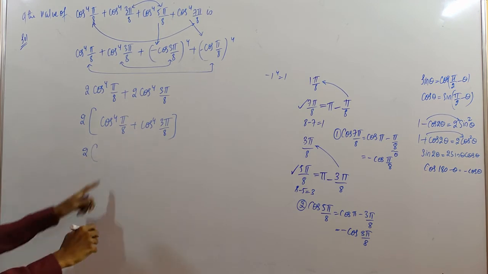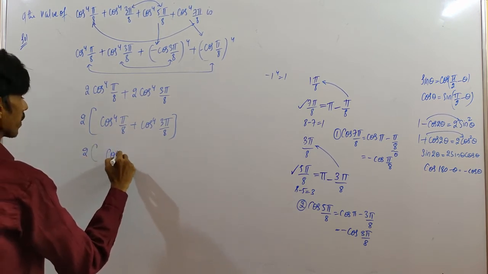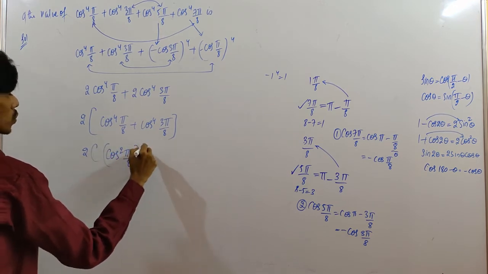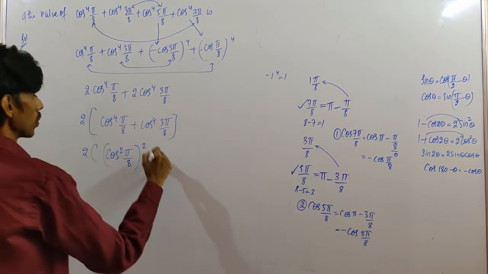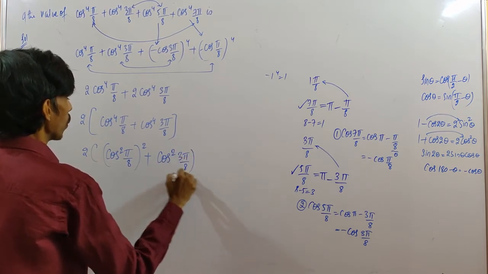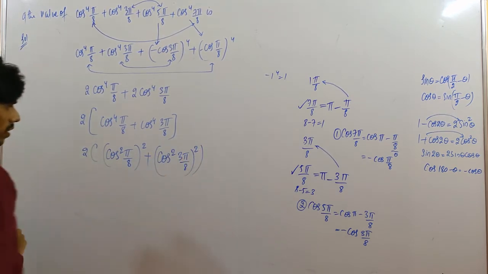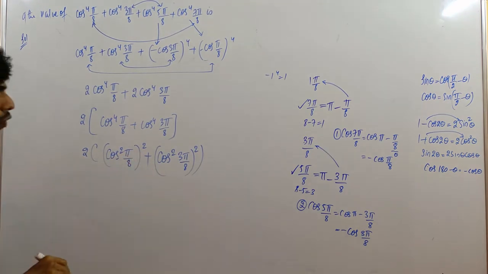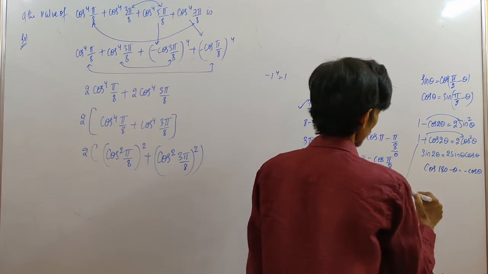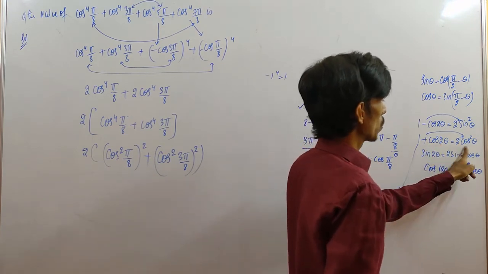Now this can be written as (cos square pi by 8) whole square plus (cos square 3 pi by 8) whole square. 2 into 2 is 4. We know that 1 plus cos 2 theta is 2 cos square theta.